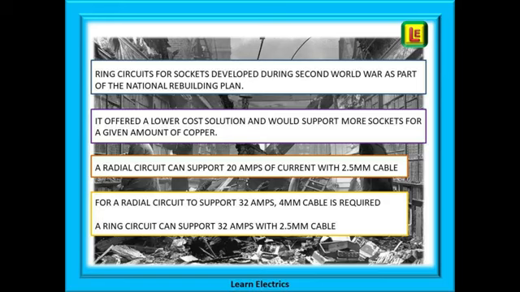Bigger cable sizes mean more copper used, and this was the problem for the think tank. But with a ring circuit, a 32 amp breaker can be installed safely on 2.5mm cable, saving a lot of copper. Let's look at this in stages.